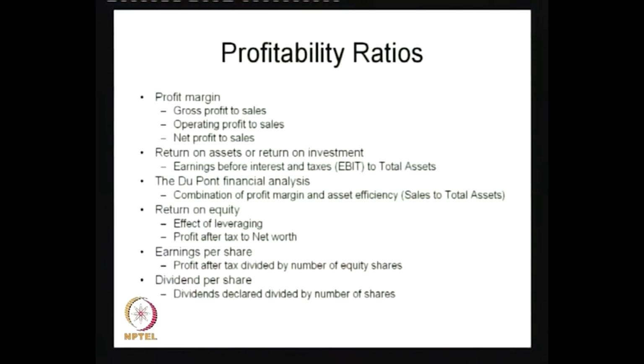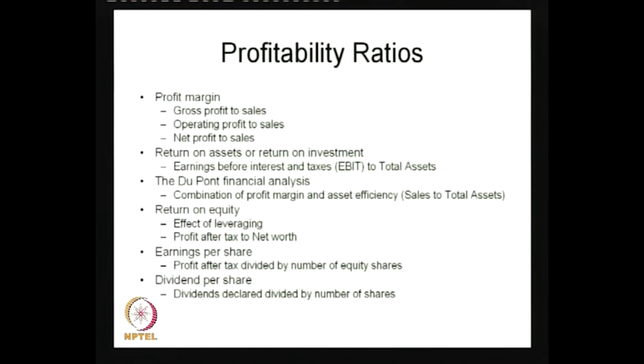At the end of the day, all these profit margin ratios should always be higher; higher is always better, and that shows the company is able to comfortably meet the expenses and still create some surplus for the investors.